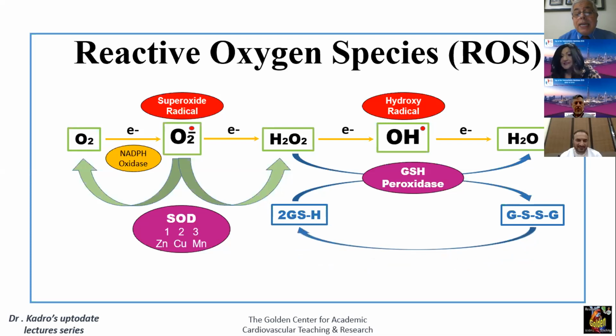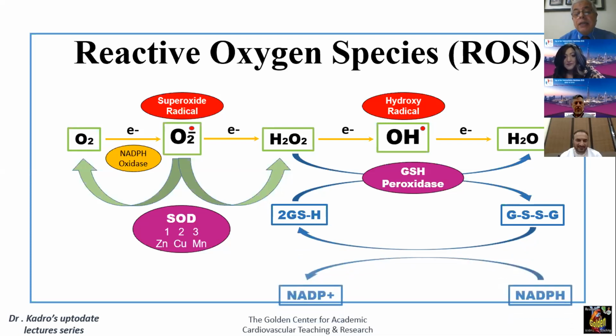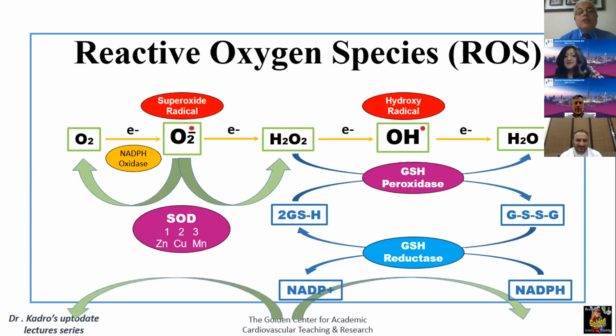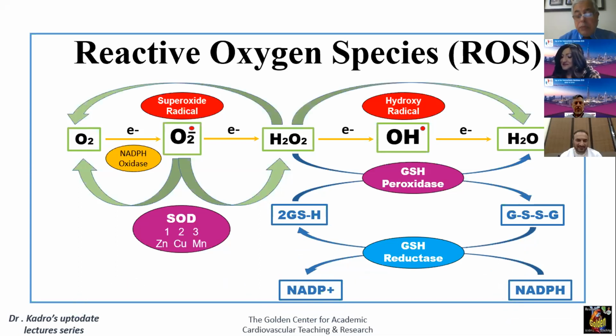This can recharge again by another reducing enzyme called glutathione reductase. There is also another prevention mechanism through an enzyme called catalase, which takes the hydrogen peroxide and converts it back to oxygen and water. These are the normal things.